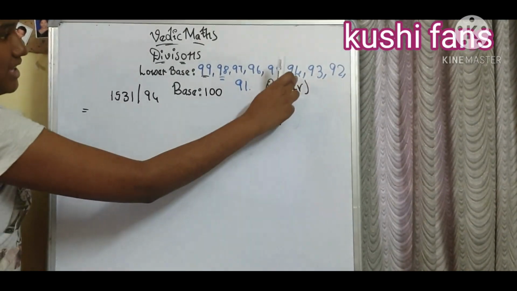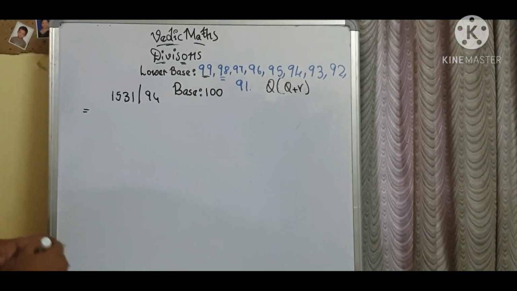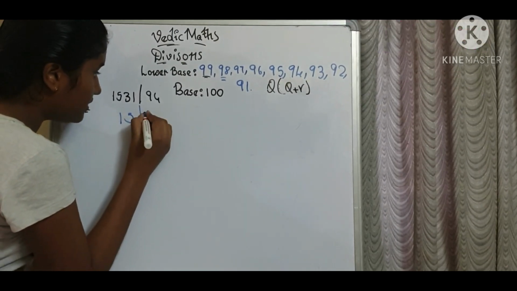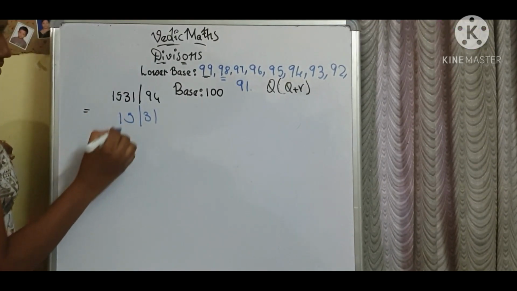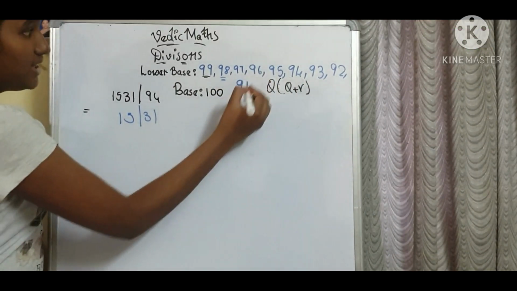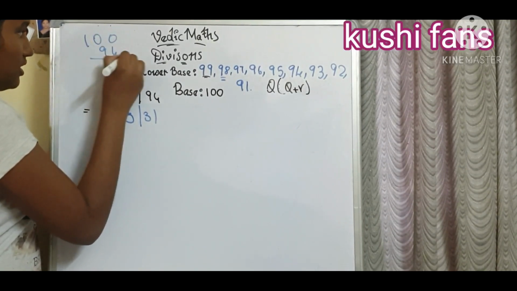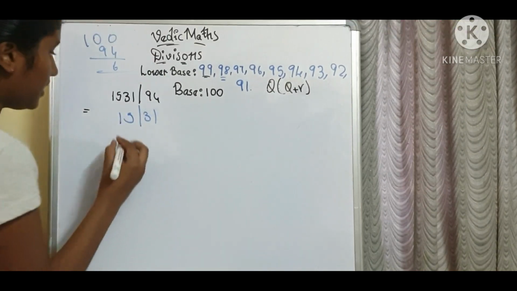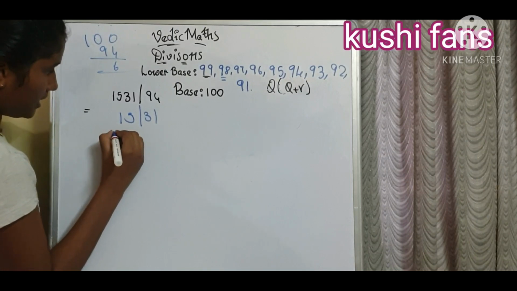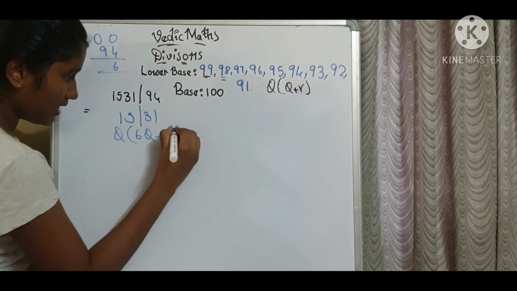Now I am taking an example with 94, with a 4-digit number. First we have to divide these two numbers. Now we subtract 94 from our base and I will get 6. Now we go into the formula and steps. My formula will be Q, 6Q plus R, right?